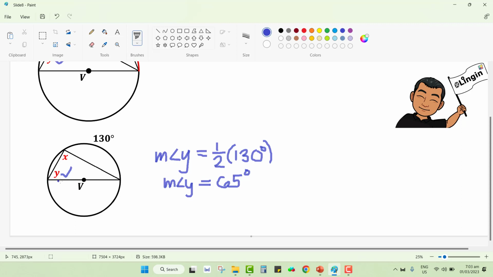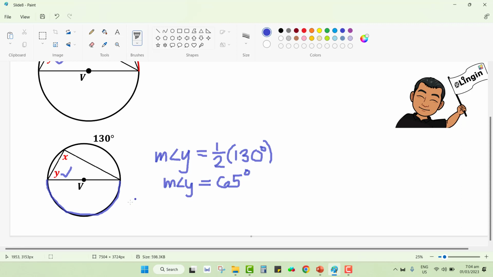This is the diameter that divides the entire circumference into two equal parts we call semicircles. And why do we discuss that? It is because the intercepted arc of inscribed angle x is from this point to that point, which is the semicircle that is cut out by the diameter.